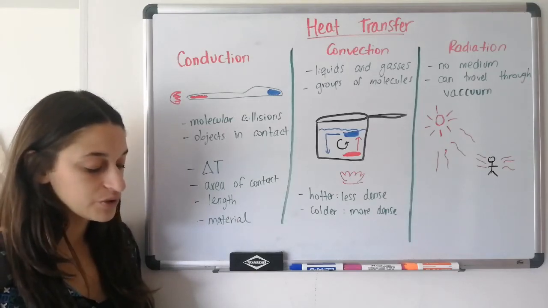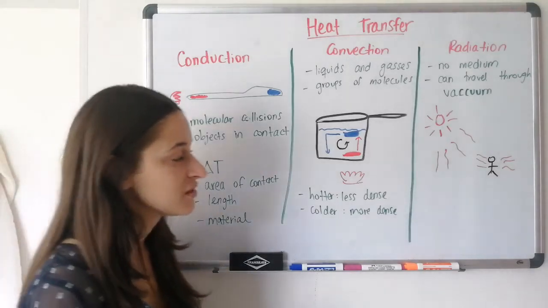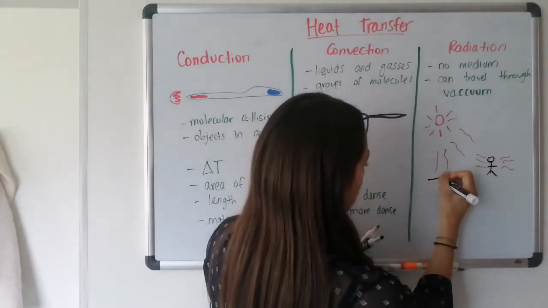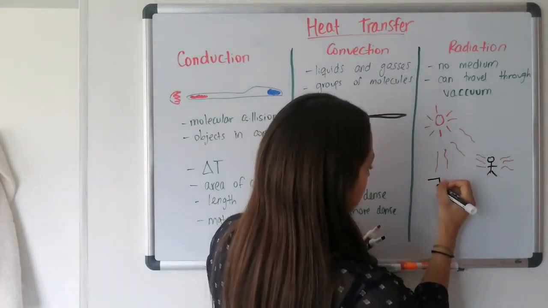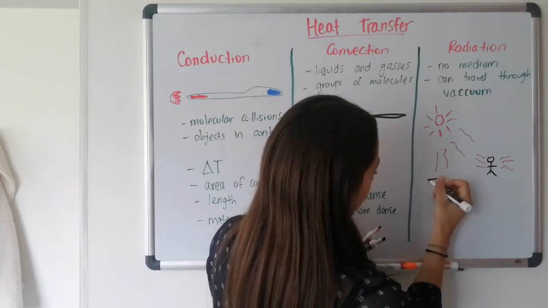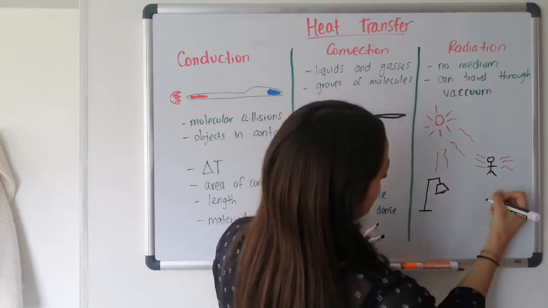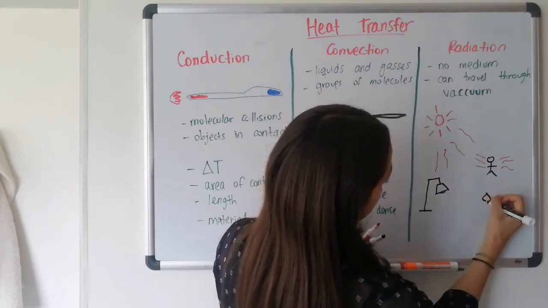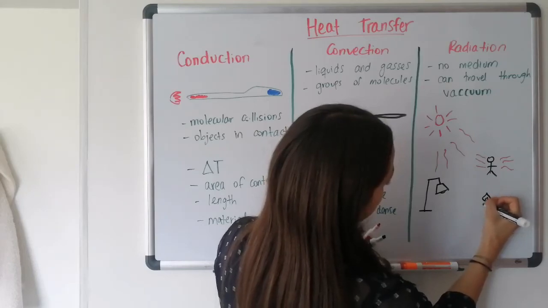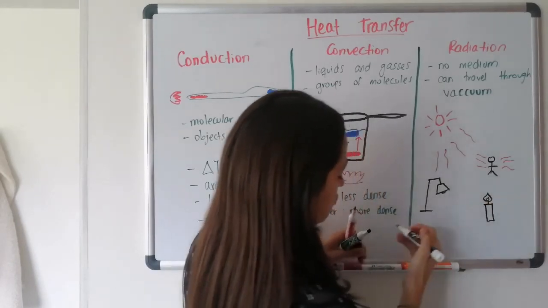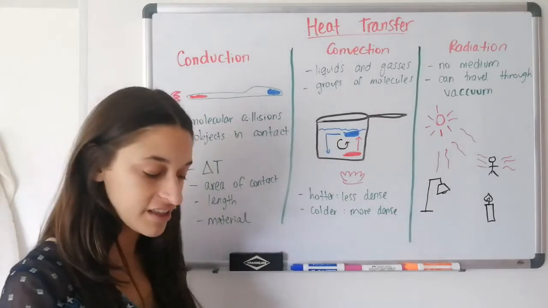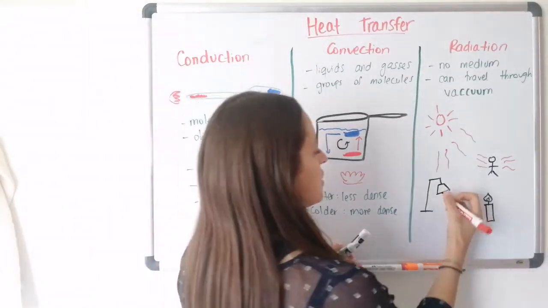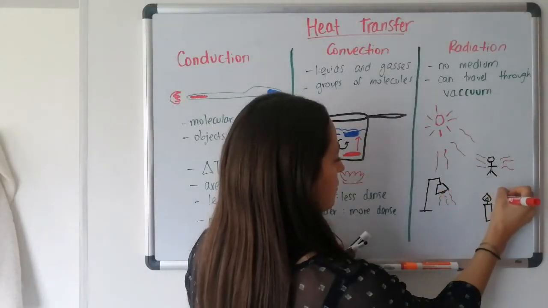So this also includes, for example, lamps. If you have a lamp in your house, of course. Let me see if I can draw a lamp. That's also going to radiate heat. And if you have a candle, that also radiates heat. So it's basically everything that doesn't require a medium to heat things up.